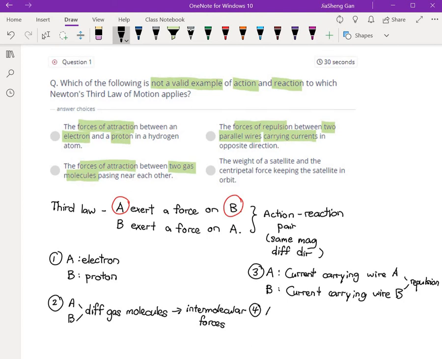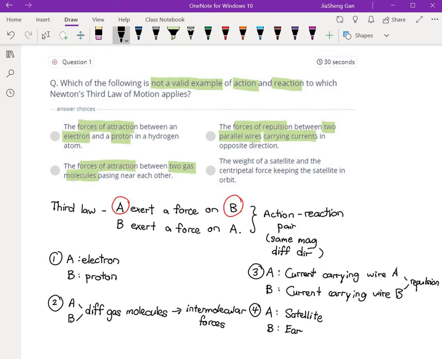For answer choice number 4, the weight of a satellite and the centripetal force keeping the satellite in orbit.